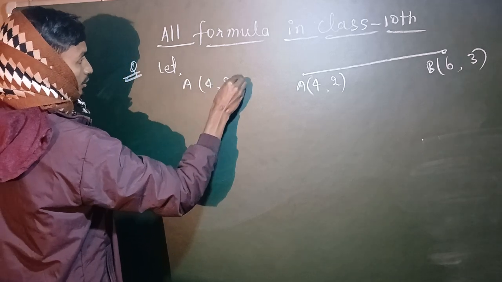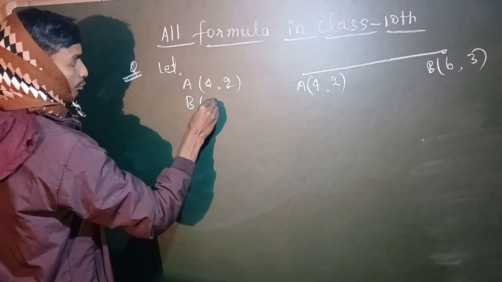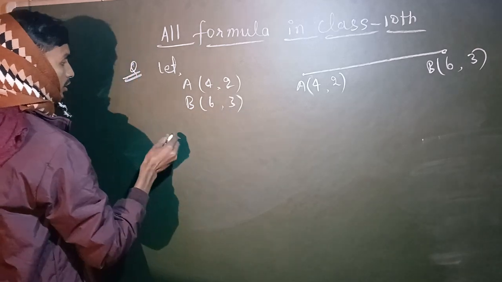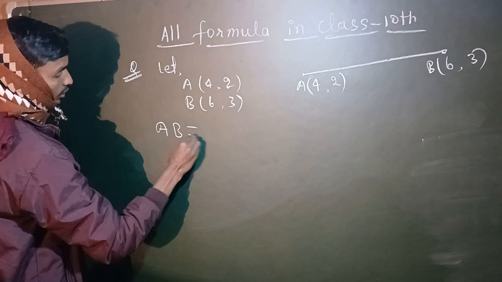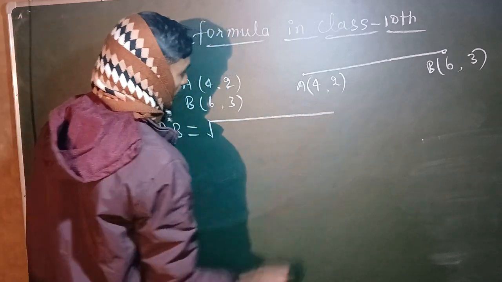A given (4, 2), B given (6, 3), AB equal to, what is AB?